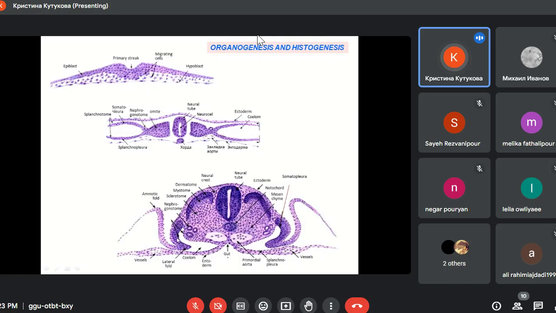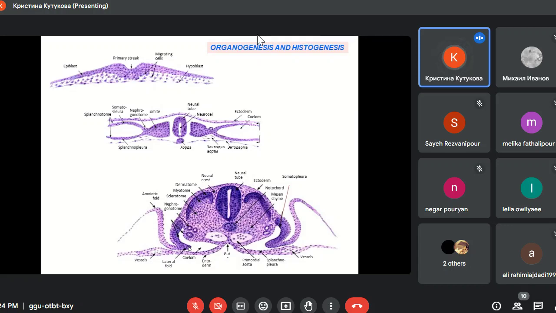This is the outer and here the inner layer of lateral plate mesoderm. They both will make the flattened epithelium, which covers the organs which are located in cavities and lines from within all the body cavities.